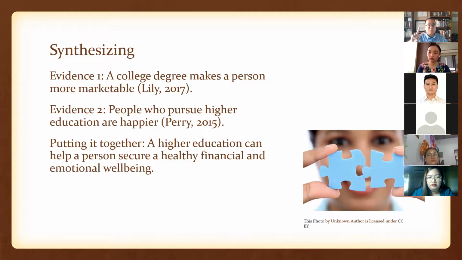So I used those 2 pieces of evidence and I put it together and I said, what Lily and Perry said, higher education can help a person secure a healthy financial and emotional well-being. That's what they say. That's how I put it together. Okay? Yun yung aking synthesis. So that's a synthesis is only this first part, but you can add more kasi again, you have to explain your evidence more.